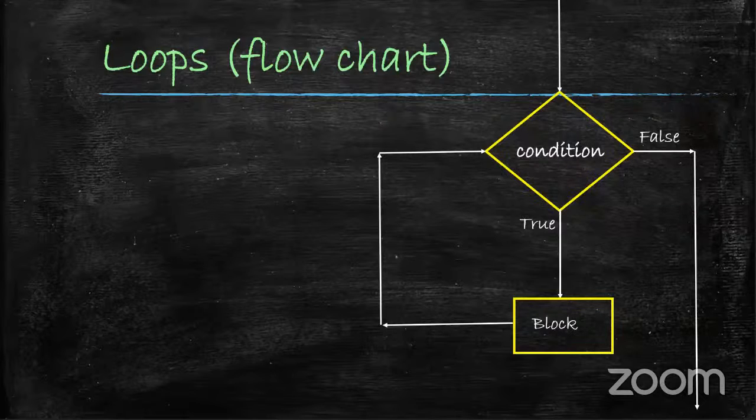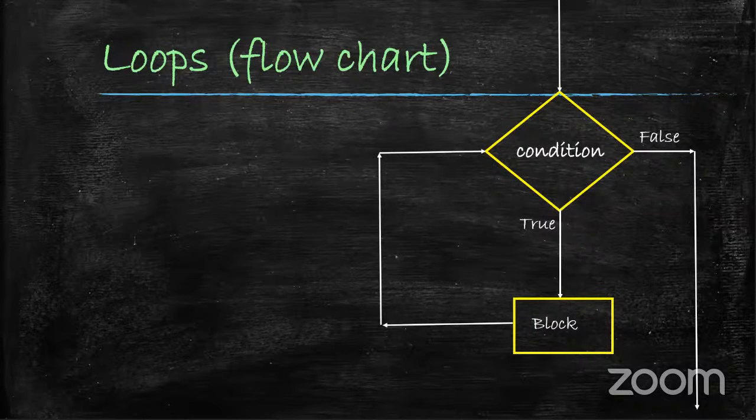The program will come to a point where there is a condition. Depending on the result of this condition, and the result of the execution of a condition is always a true value or a false value. If the condition is true, then the block of statements will be executed.